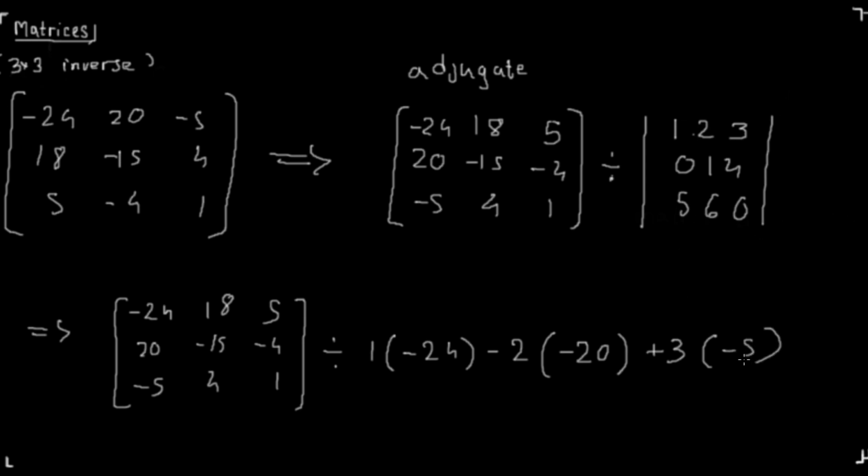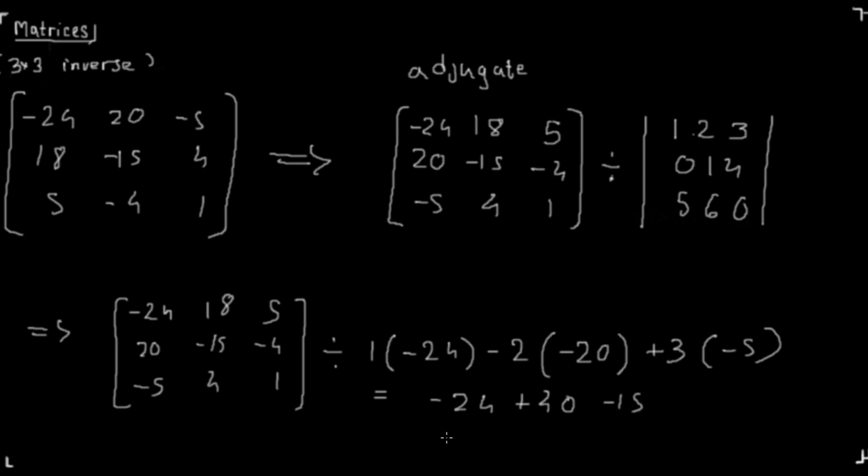So this will be minus 5. So this is going to be minus 24 minus plus 20, because minus 2 plus 40, sorry. Plus 40 minus minus, and 20 times 2 is 40, then minus 15.